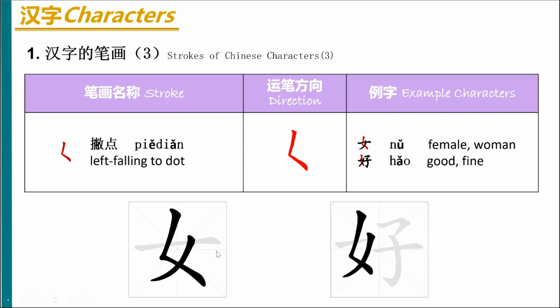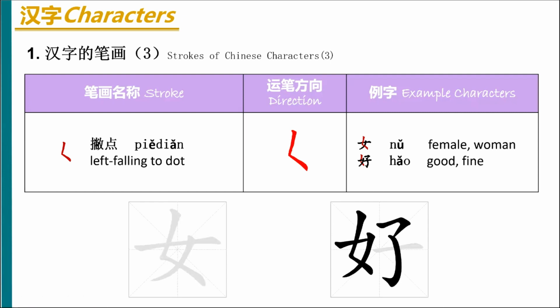So this single character can be a single character itself, and it can also be a part of some other characters. Just like 韵母. 韵母 can be a syllable itself, and it can also be spelled with 声母 together, become a whole syllable. Well, this 偏旁, we'll learn it in a later class.